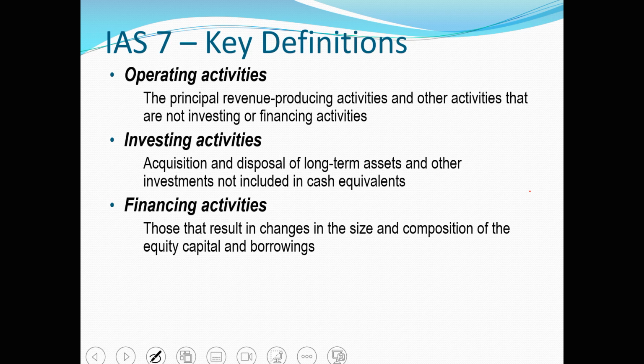A business may be set up to buy and sell bread, to buy and sell clothes, to manufacture and sell gas, and those then become your operating activities. So the incomes and expenses around those activities, your main operating activities, they fall under operating activities. Cash flows from those activities are presented under operating activities.